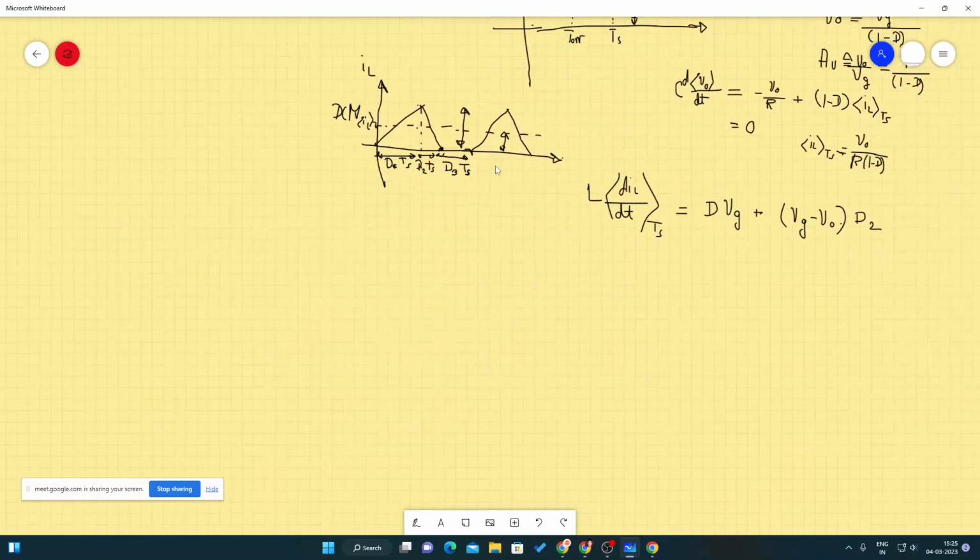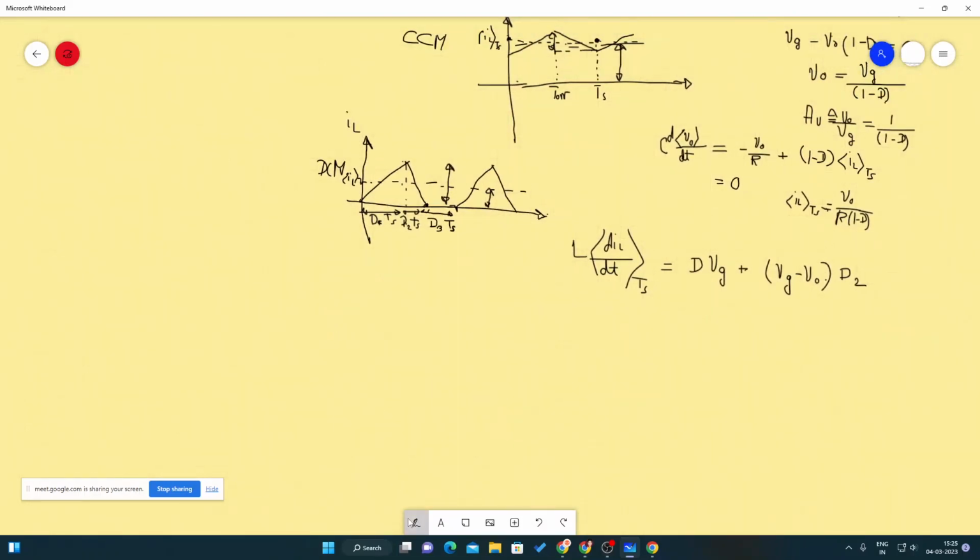So in either case, we can write the charge. The charge is basically V0 by R times TS, because for the whole TS duration, charge is flowing out of the output capacitor to the load. So the amount of charge lost by the capacitor in a switching period is V0 by R into TS.